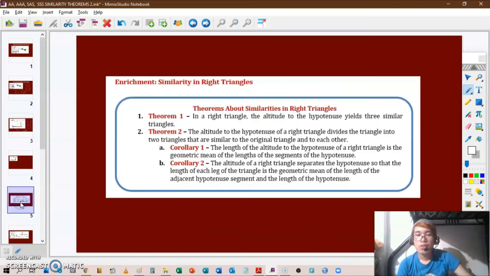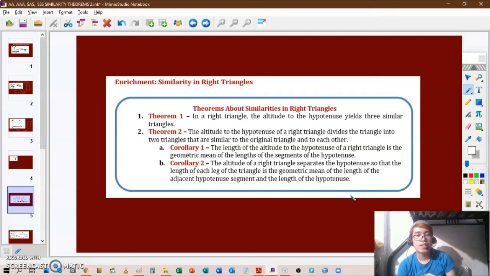Okay, so for the enrichment activity, we're going to be discussing similarity theorems about right triangles. In a right triangle, the altitude to the hypotenuse yields 3 similar triangles. The second theorem says the altitude to the hypotenuse of a right triangle divides the triangle into 2 triangles that are similar to the original triangle and to each other, and there follow 2 corollaries.